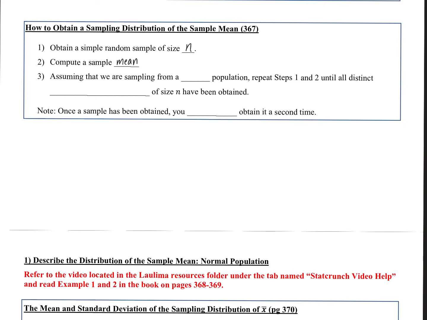Assuming we are sampling from a finite population, and that's pretty important, a finite population, we repeat steps 1 and 2 until all distinct simple random samples of size n have been obtained. Once a sample has been obtained, it cannot be obtained a second time.